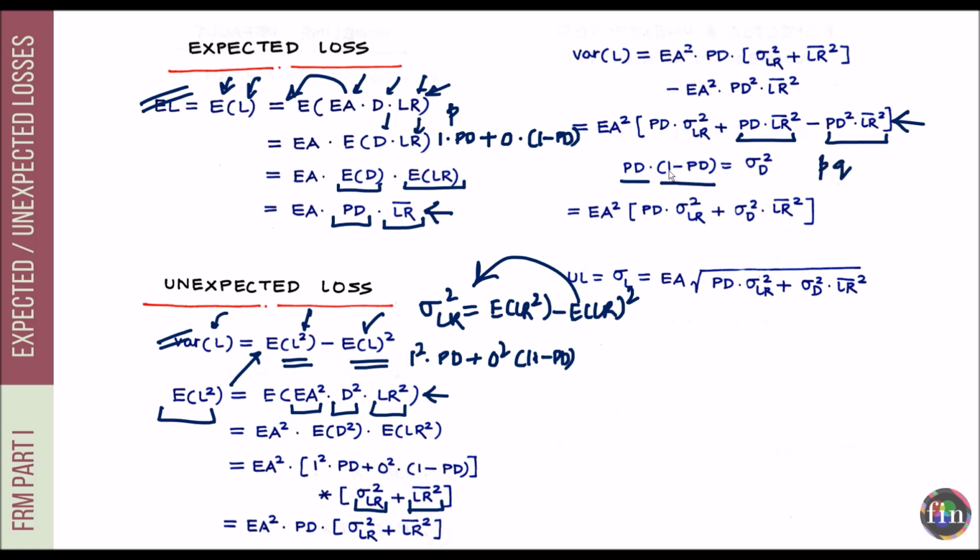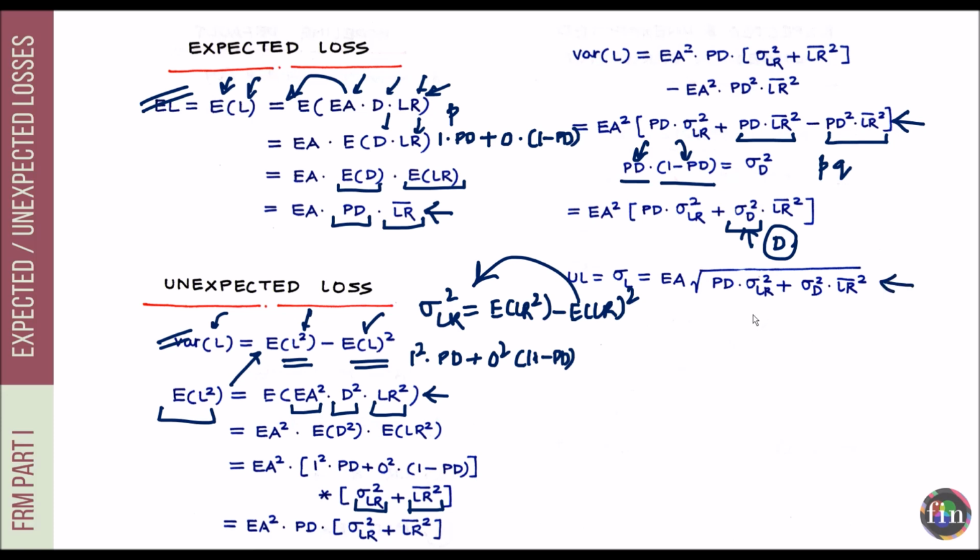It's PQ: probability of success times probability of failure. So I can write down this PD minus PD squared to be just sigma squared D. Remember this to be the variance of a Bernoulli variable D, which captures the incidence of default. So this is my variance of the loss distribution. Take a square root and what I have is the standard deviation of my loss distribution.